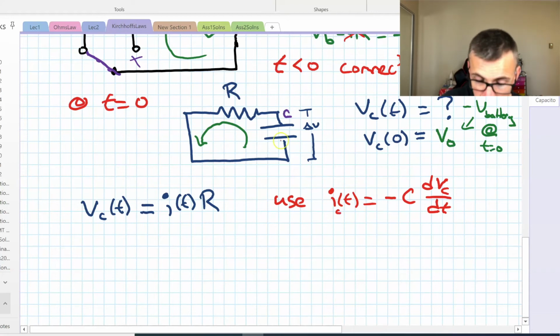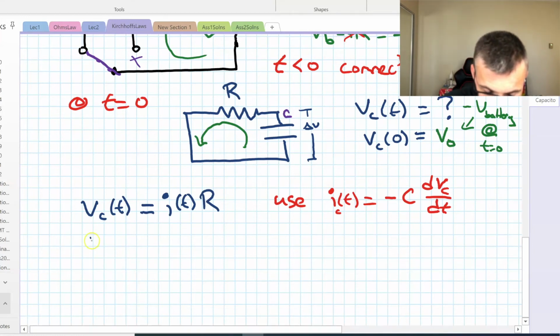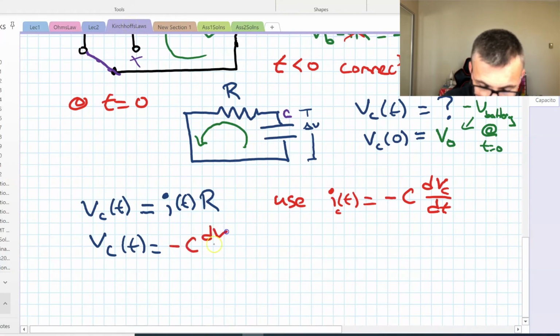But since there's only one path in the circuit for current to go, that's the same as through the resistor. So we can actually use that I of t in this equation. And let's see what we get when we do that. We have V of t is equal to negative C dV by dt times R.